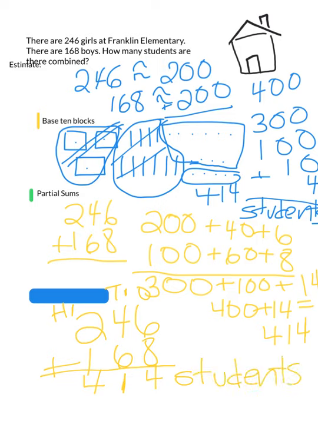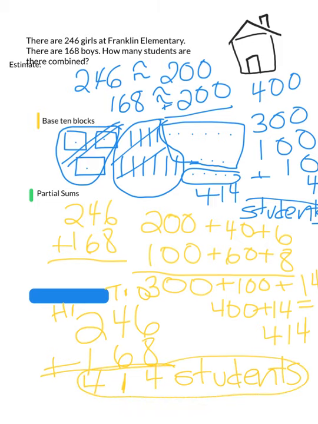But let's go back real quick and talk about when we estimated and the reason we estimated. When we estimated, we said our answer would be close to 400. And so we want to take a look and say why our answer makes sense. The reason our answer makes sense is because we did estimate first, and our answer, 414, is close to our estimate.